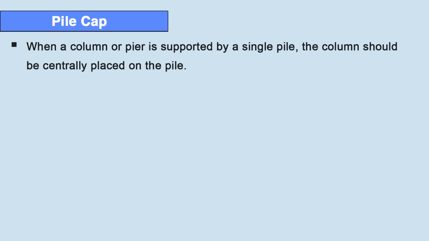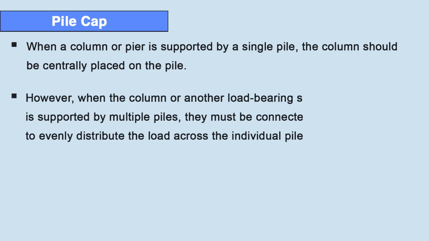Then the next is pile cap. When a column or pier is supported by a single pile, the column should be centrally placed on the pile. However, when the column or any load bearing structural component is supported by multiple piles, they must be connected with a rigid pile cap to evenly distribute the load across the individual piles.